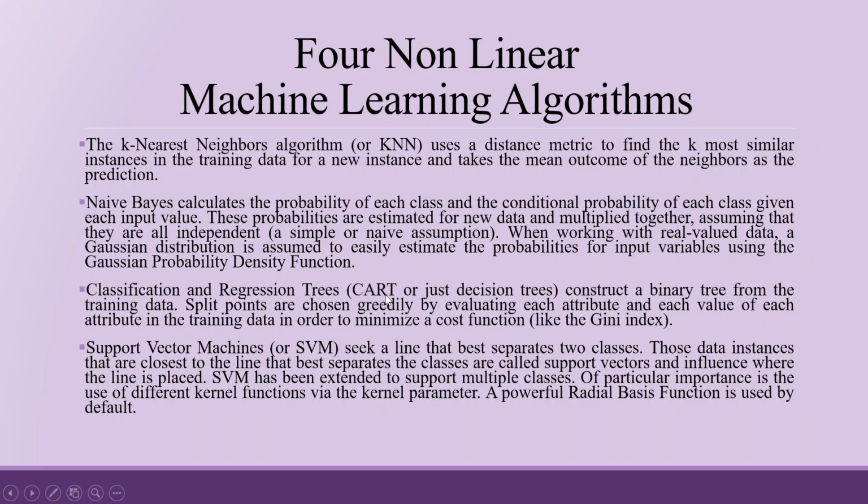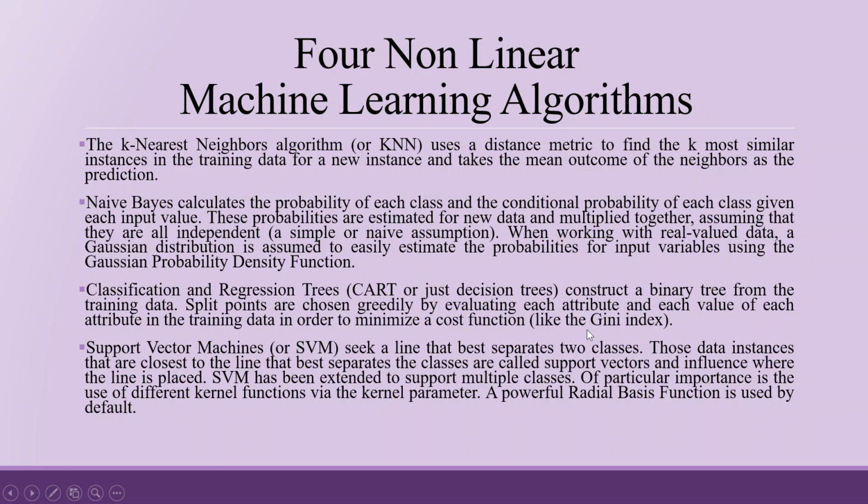Classification and regression tree, popularly known as CART or just decision tree, constructs a binary tree from the training data. Split points are chosen greedily by evaluating each attribute and each value of each attribute in the training data in order to minimize a cost function, also known as the Gini index. Support vector machine, or SVM, seeks a line that separates two classes.